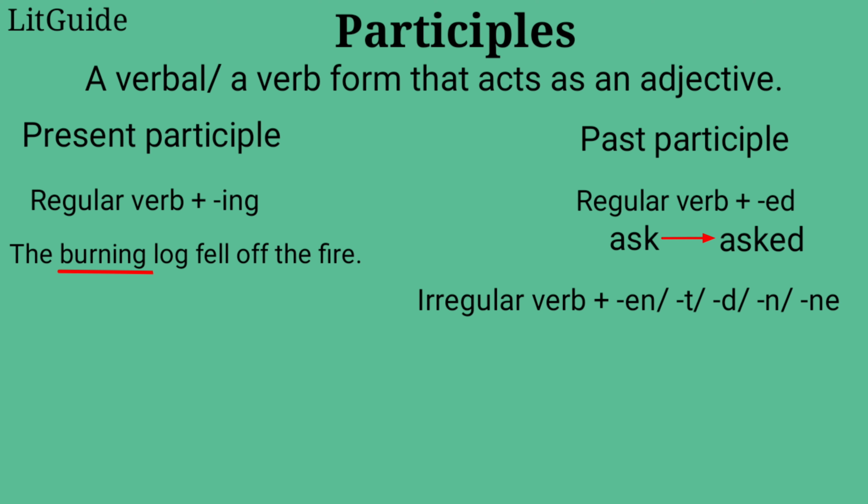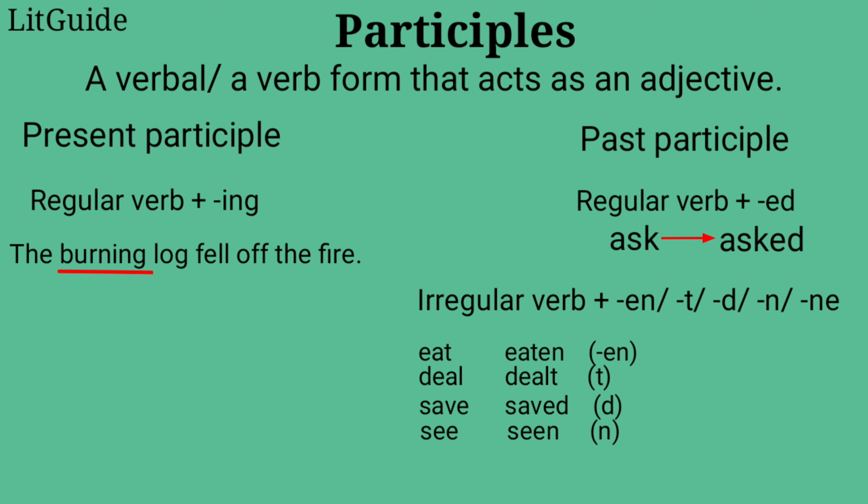Same goes for other regular verbs like use, look, want, etc. They become their past participle forms used, looked, and wanted respectively by adding ed to them. In the case of irregular verbs, past participle forms are formed by adding en, t, d, n or ne to them. Examples: eat becomes eaten, deal becomes dealt, save becomes saved, see becomes seen, and go becomes gone.